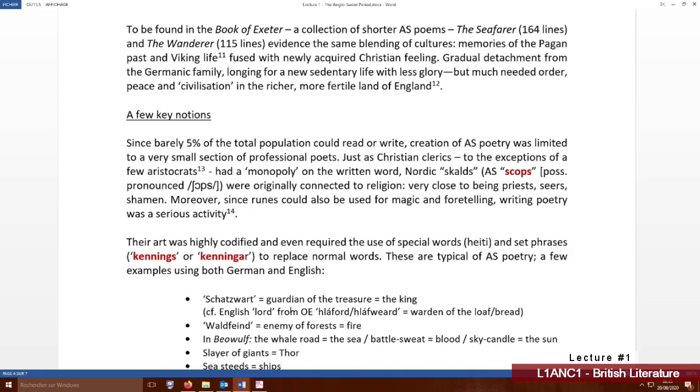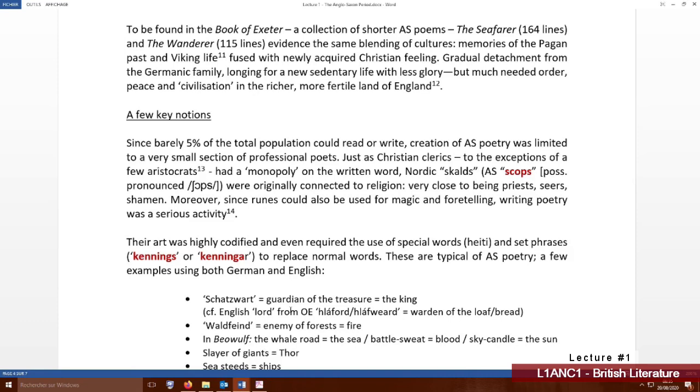But even before conversion to Christianity, poetry had always been limited to a specific class, subgroup of people. In this Norse, Nordic, Germanic world, the poets were a small bunch of people known as the skalds.